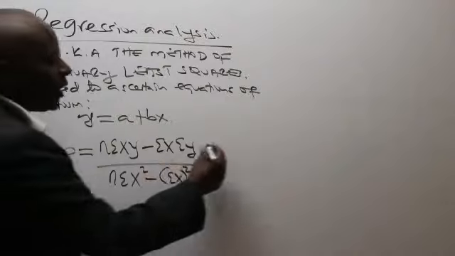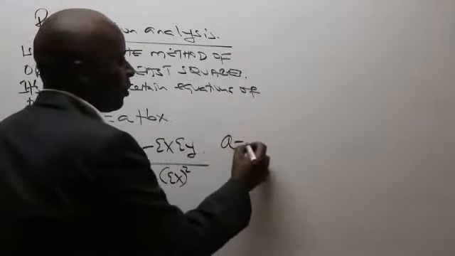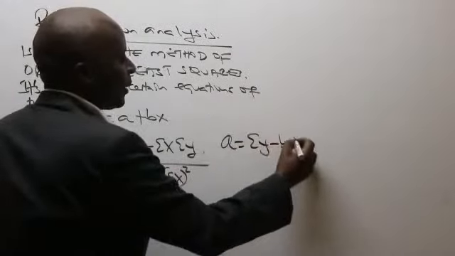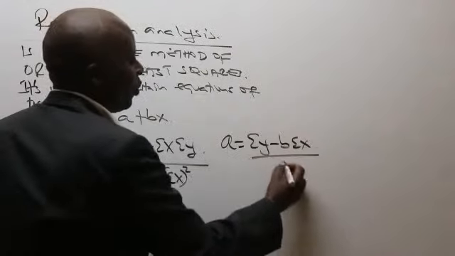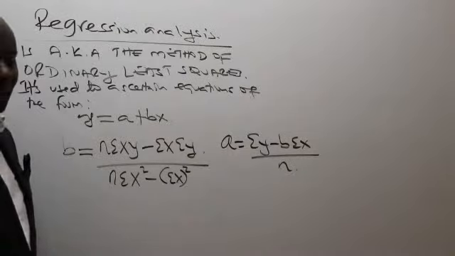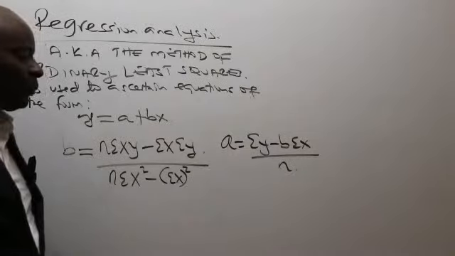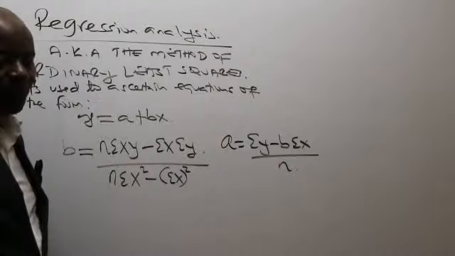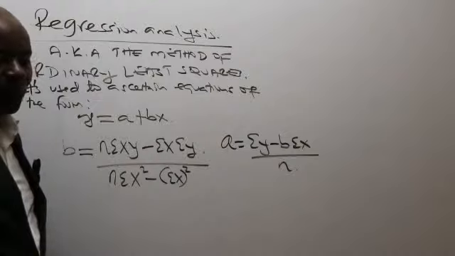And then of course to get a, we normally talk of sum of y minus b sum of x, all over n. Those are very important formulas. Thank you very much, Moses. We must cram them.